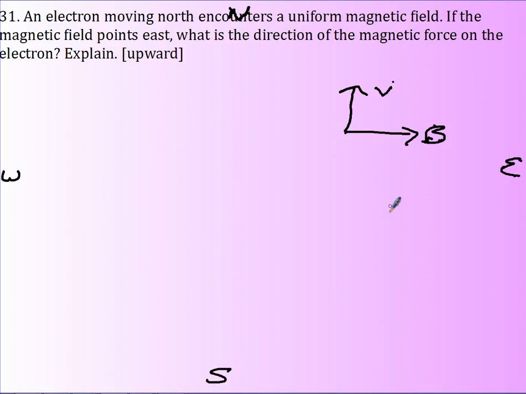Find the direction of the force. Put your thumb, and I have to do this every time, folks. Put your thumb to the north and the magnetic field to the east, and you see your palm is pointing down. All right? Your palm is pointing down, but it's an electron. So you know the force has to be up.